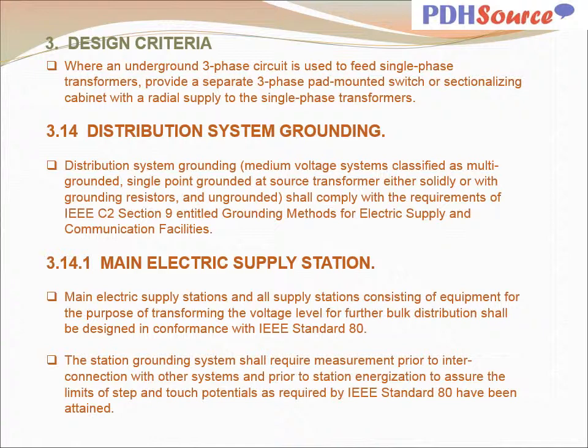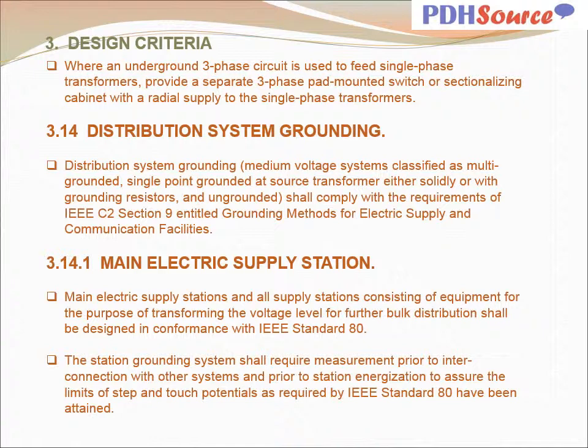Distribution system grounding: medium voltage systems classified as multi-grounded, single point grounded at source transformer either solidly or with grounding resistors, and ungrounded shall comply with the requirements of IEEE C2 Section 9 entitled Grounding Methods for Electric Supply and Communication Facilities.